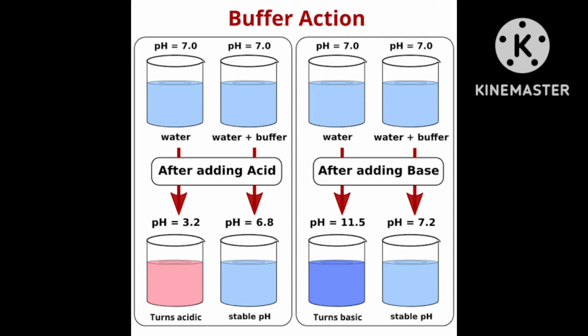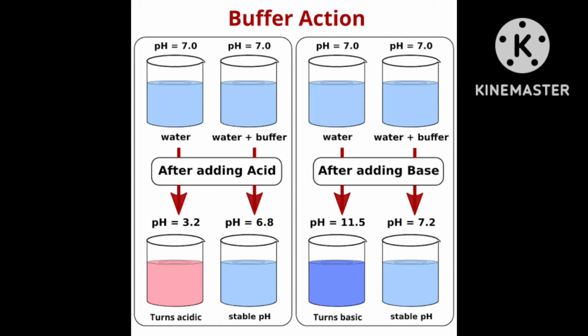Here I want to tell you that there is a difference between base and alkali. A base which dissolves in water is called an alkali. All bases are not alkali, but all alkalis are bases.